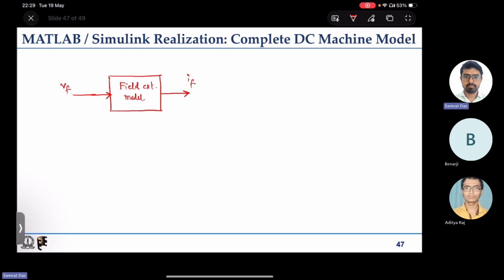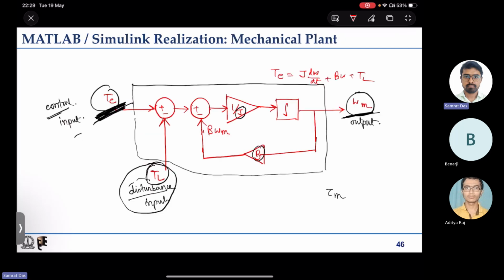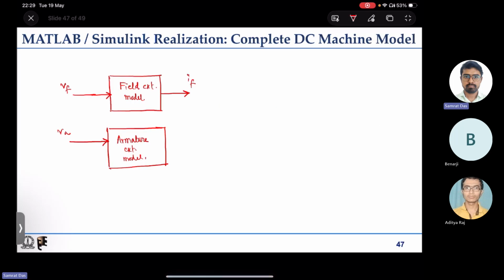Now we have the armature circuit model, whose one of the inputs is VA, another input is EB, and output is IA.